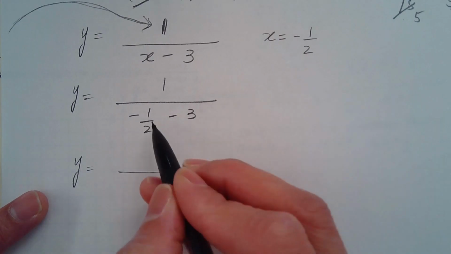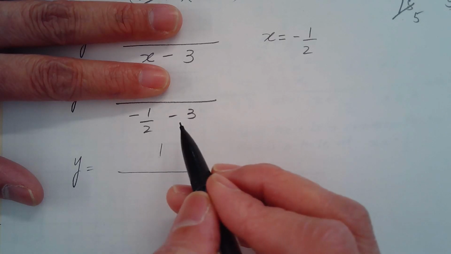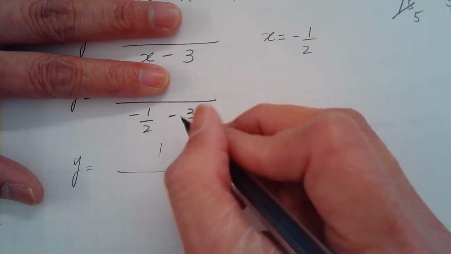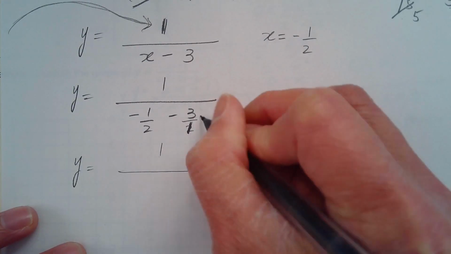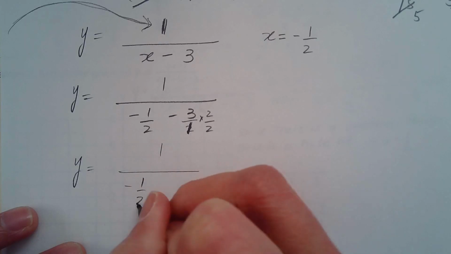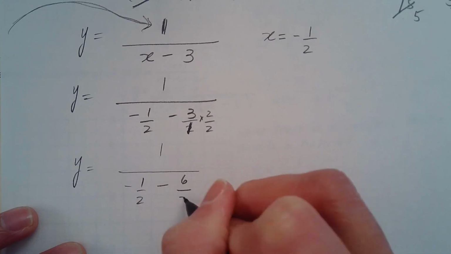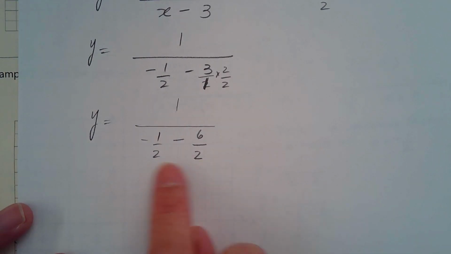When we subtract or combine fractions, they have to have the same denominator, correct? So the denominator is 2. So this is 1, times 2, times 2. So that becomes -1/2 minus 6 halves. Yes? Okay.